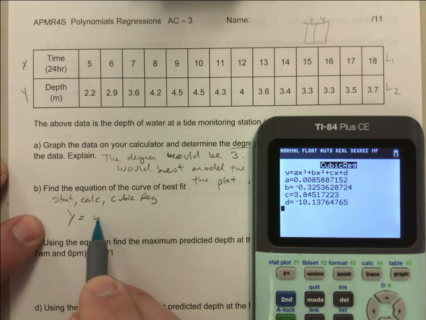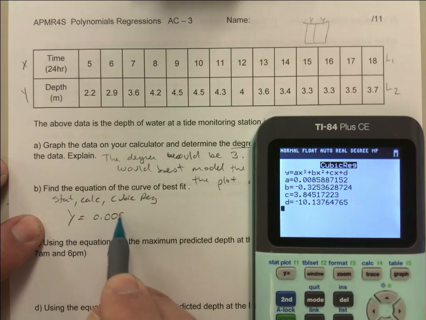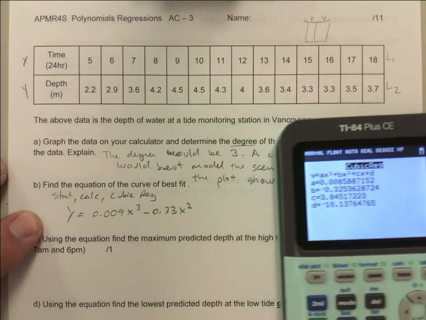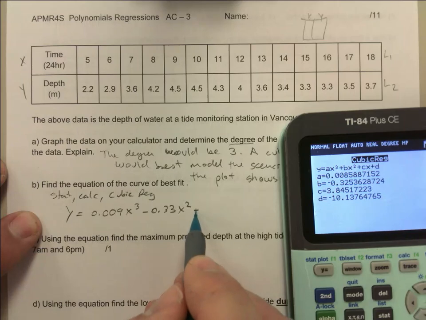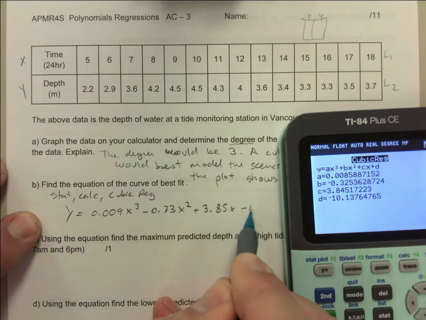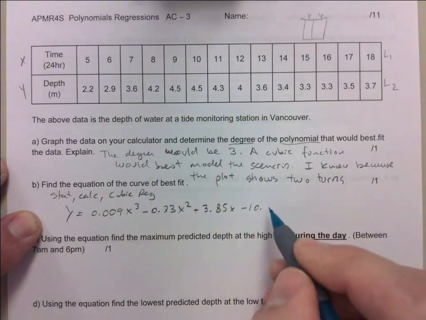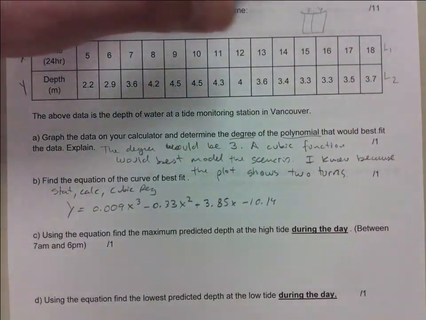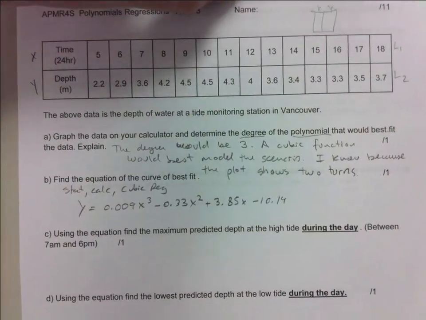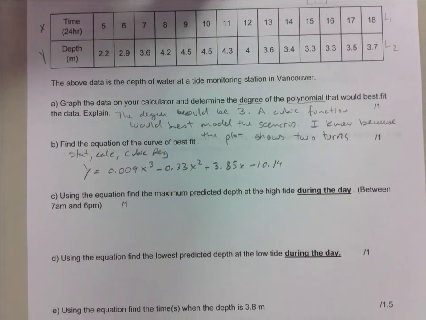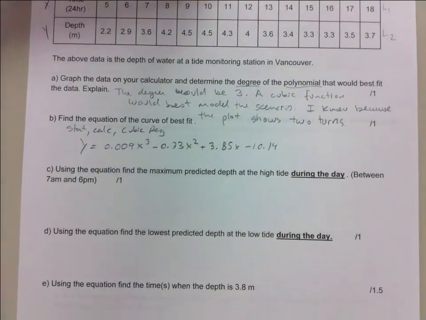So this would be 0.009 x cubed minus 0.33 x squared plus 3.85 x minus 10.14. And I made sure the first a was not rounded to 2 decimals. If you did, it would be 0.01. So if you did that, that would technically also be all right.